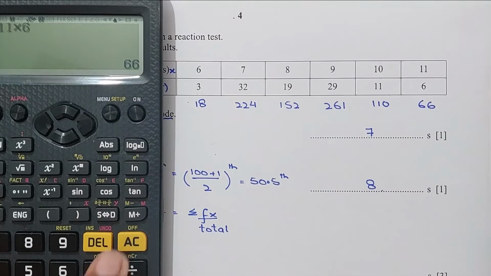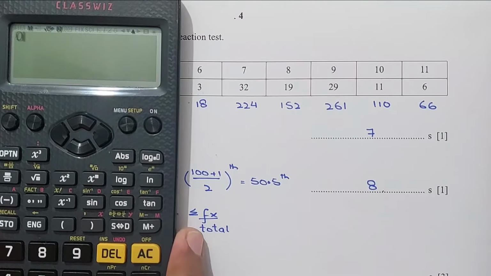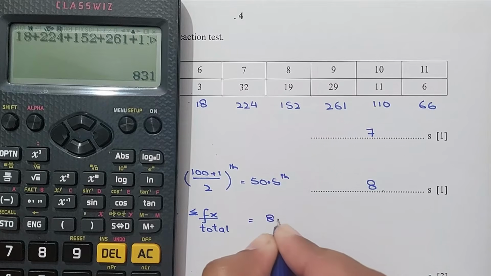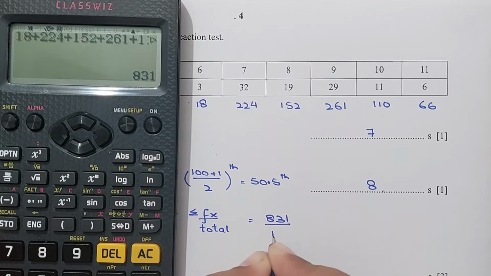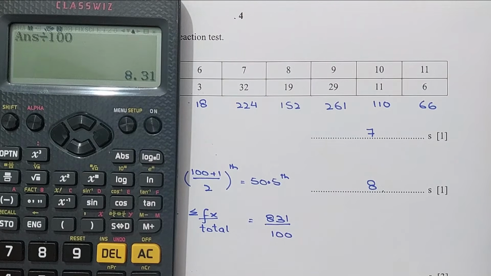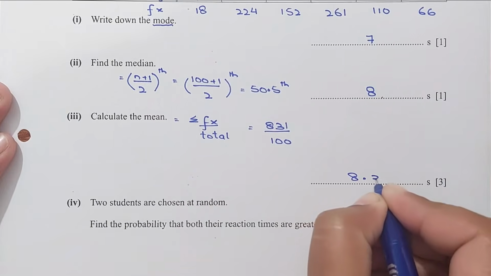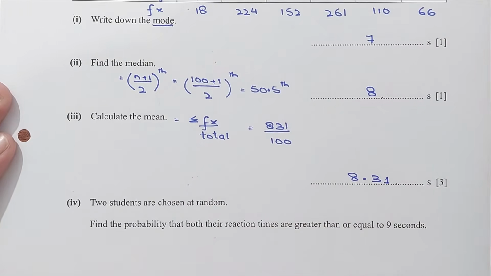Let me add all of them: 18 plus 224 plus 152 plus 261 plus 110 plus 66. So this would be 831 divided by the total of 100 students. So this is 8.31. The mean is 8.31 seconds, right?